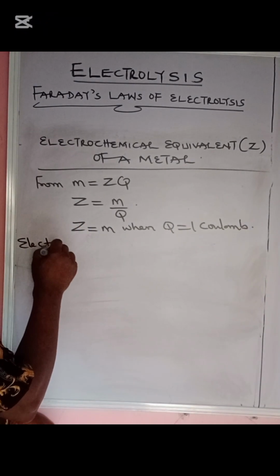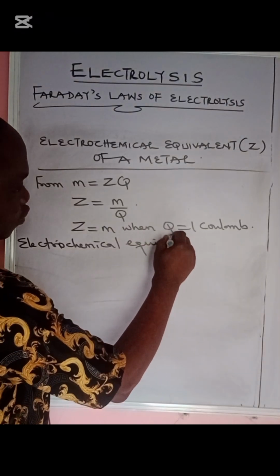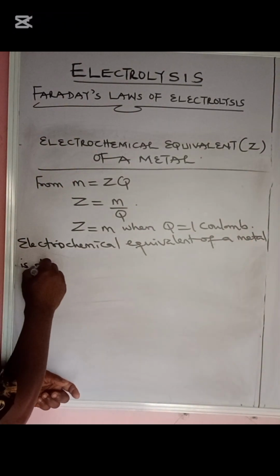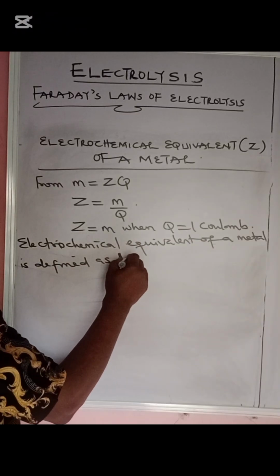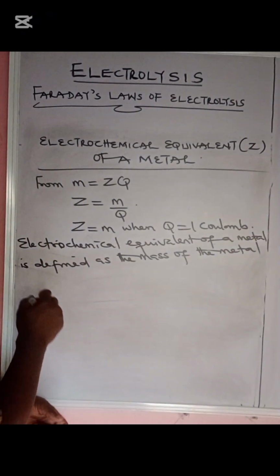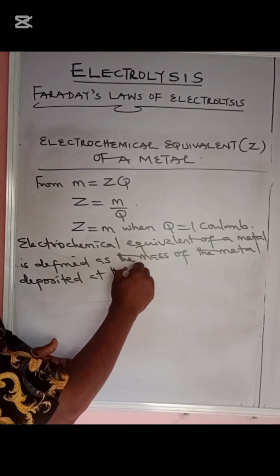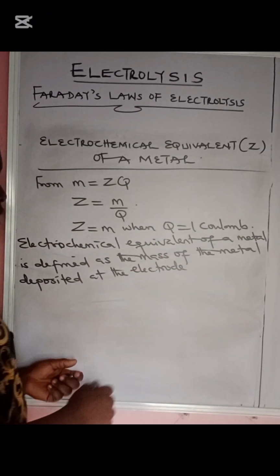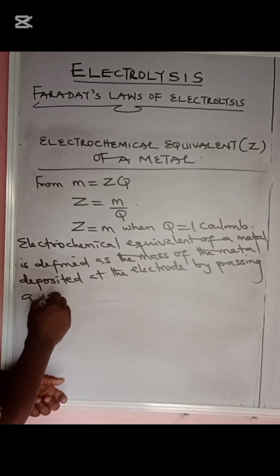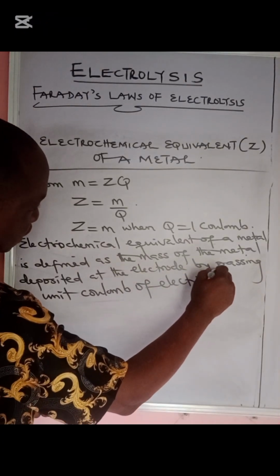So the electrochemical equivalent of a metal is defined as the mass of the metal or substance deposited at the electrode by passing a unit coulomb of electricity.